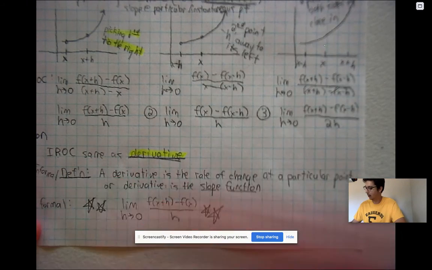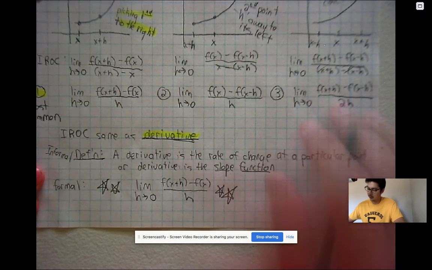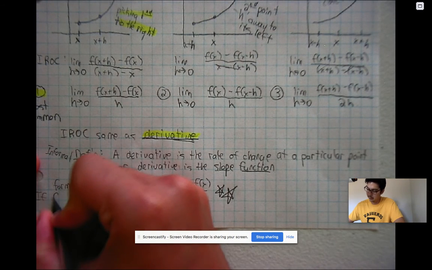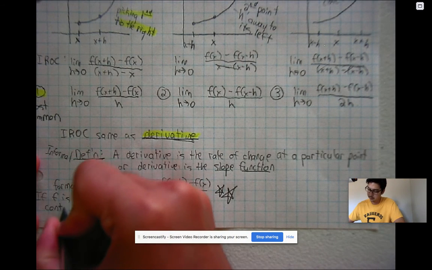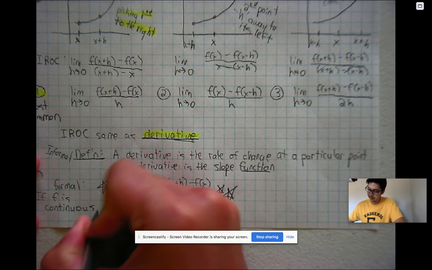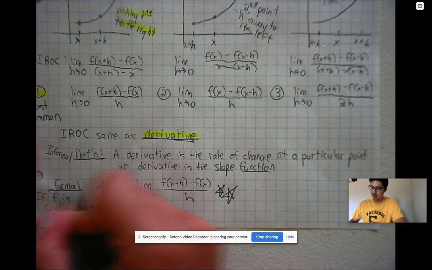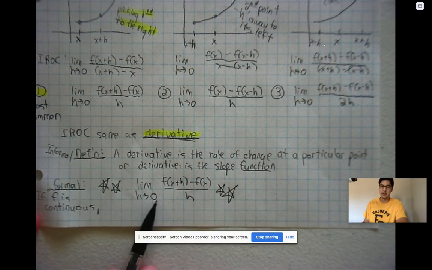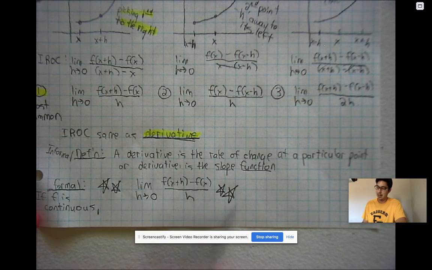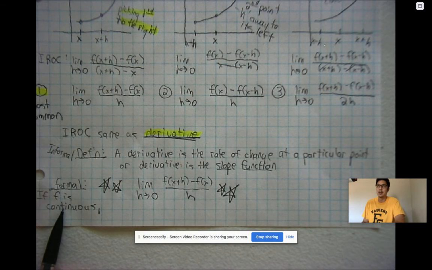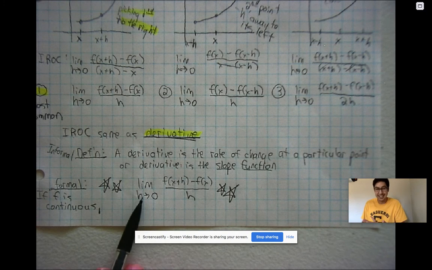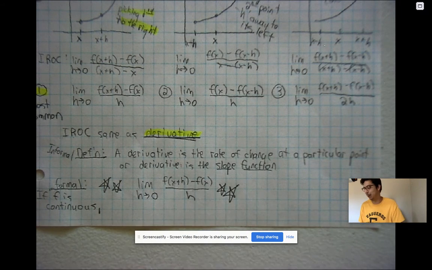If, I might preface this, if f is continuous. So if f is continuous, then the derivative can be categorized by finding the limit between 2 points. Now the reason f has to be continuous, because if it weren't, well, the limit doesn't have to exist, which this whole thing could fail, right?